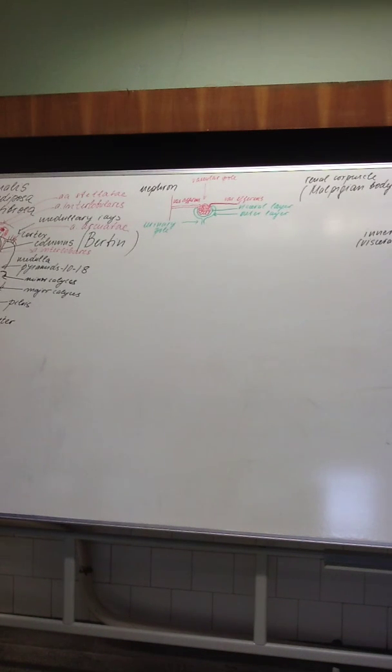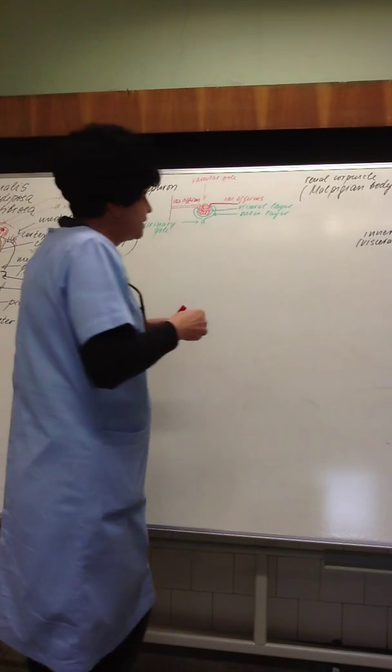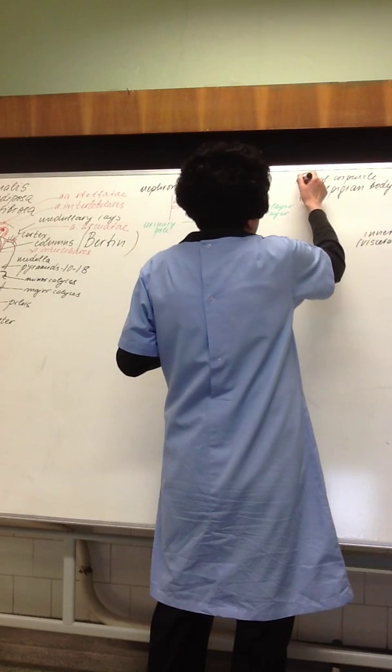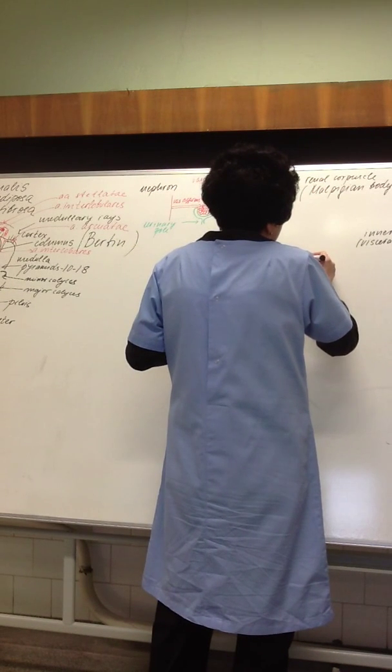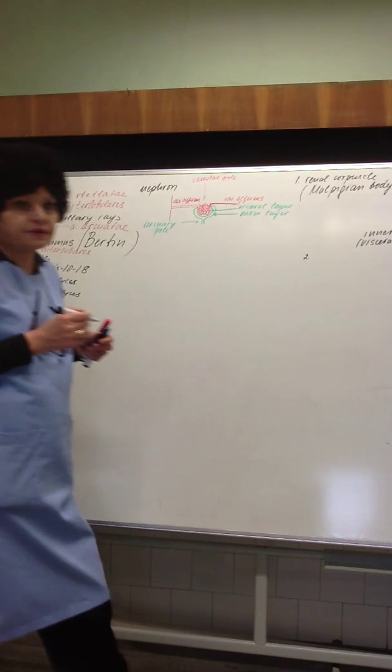The next part of the nephron, this is the first, renal bodies. The next are proximal convoluted tubules.